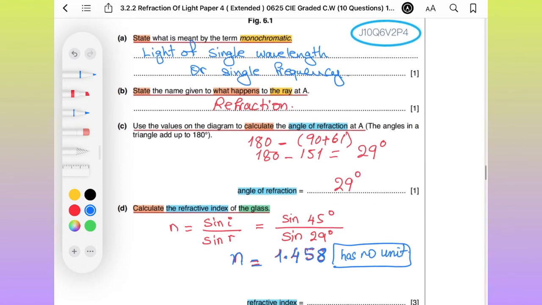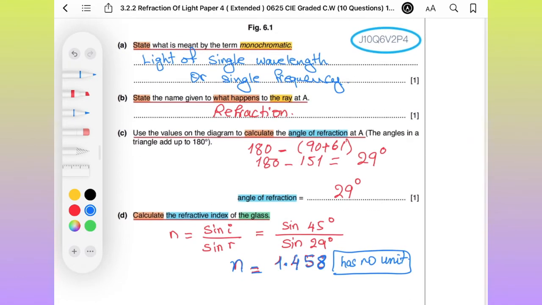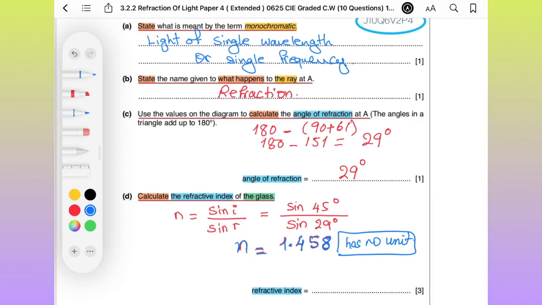But I prefer, if you have a refractive index, to keep the answer like this, because the difference between two materials' refractive indices is very small. You can find a material with refractive index 1.45 and another one 1.48, for example. So if you are calculating refractive index, no need to round your final answer.